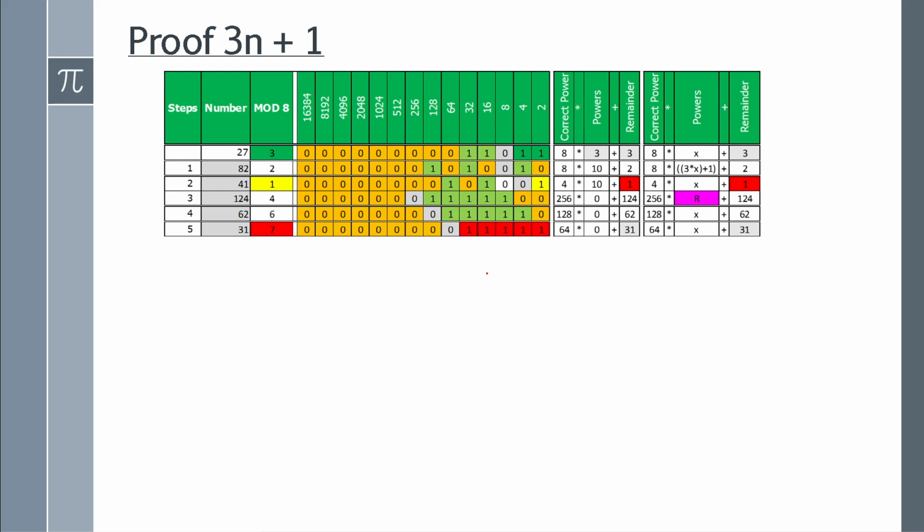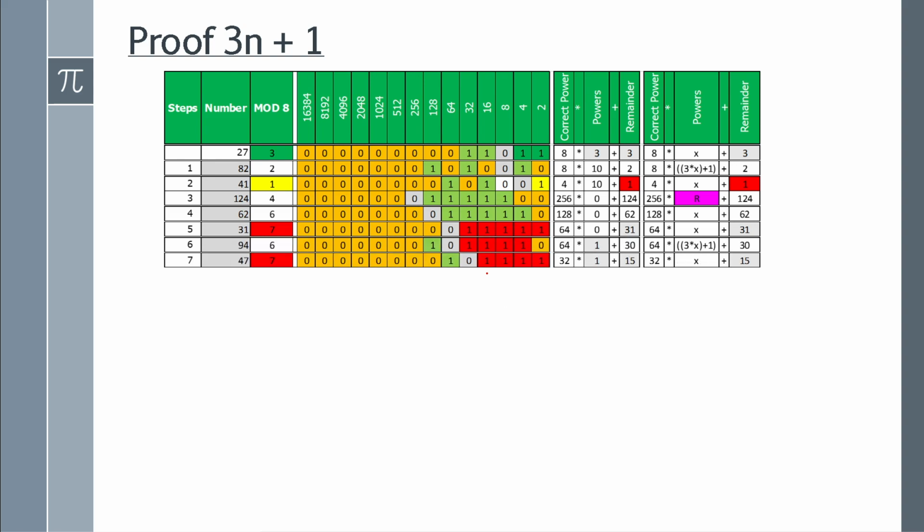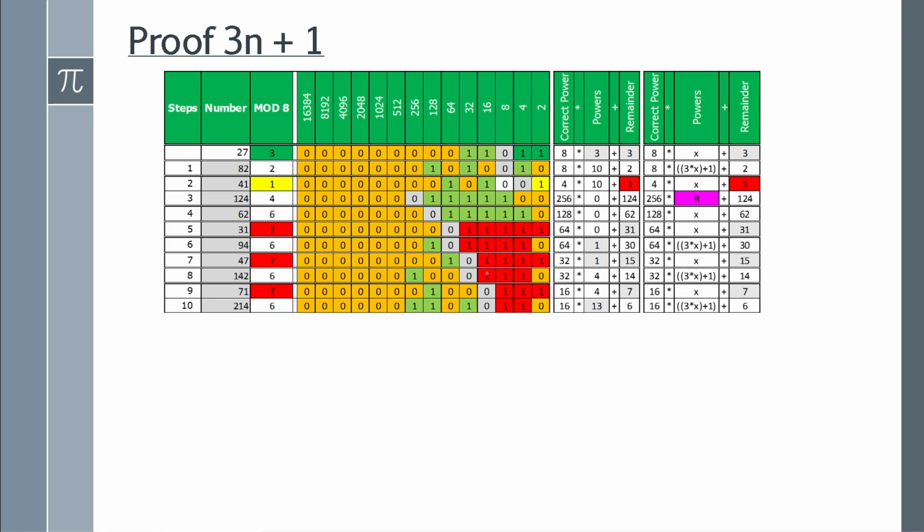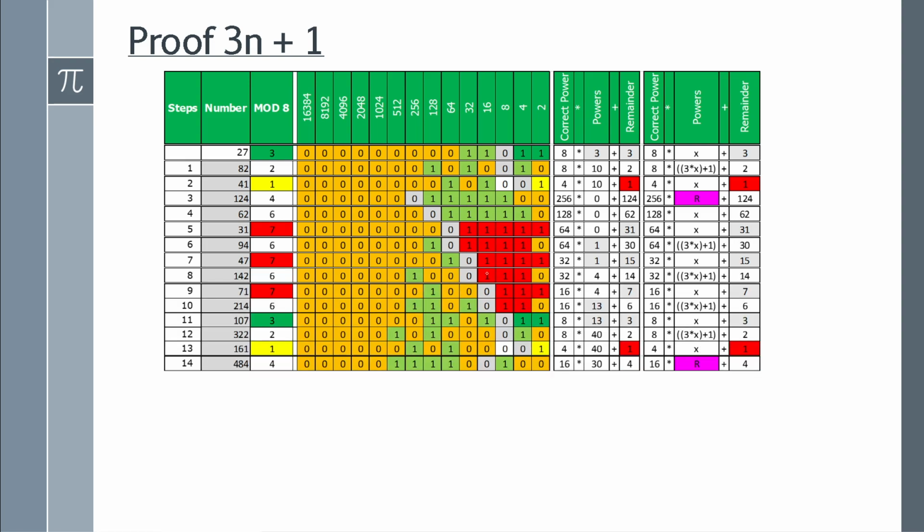And again, with 41, we did a loop reset into this 31, and 31 is 5, 1. So now we're going to climb 5 times, right? 1, 4, 13, 40, and then we do a loop reset, right?